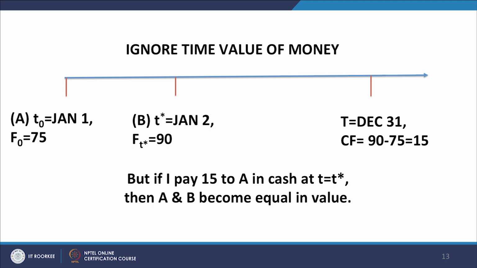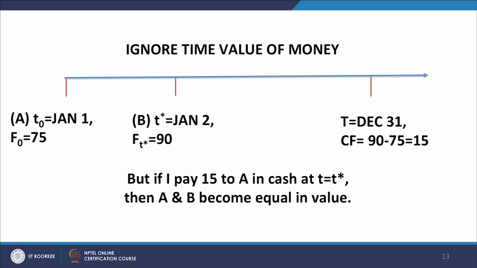In other words, the position as on January 2 for the party who is long, that means the party who is going to buy the asset, is worse than the position of the party holding the contract initiated on January 1, because the January 1 contract gives you the same underlying for 75 rupees and January 2 gives the same underlying on the same date for 90 rupees. So, the January 2 contract has a disadvantage compared to the January 1 contract, and that disadvantage is 15 rupees.